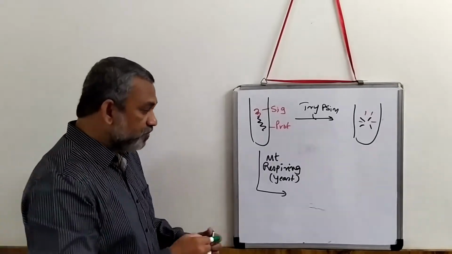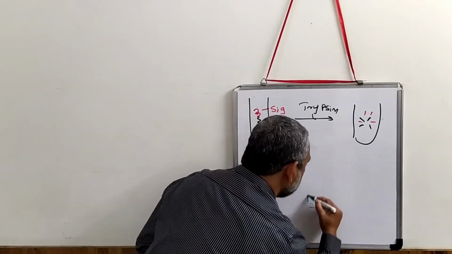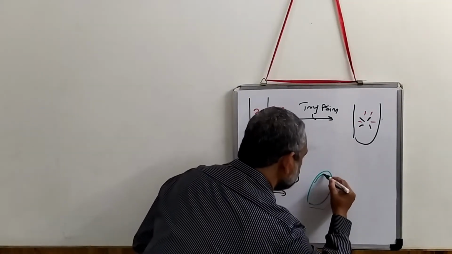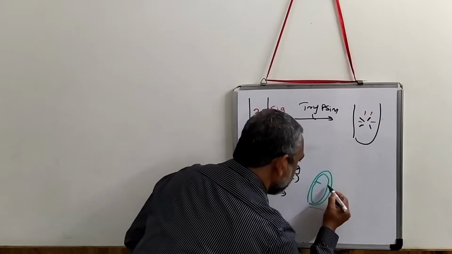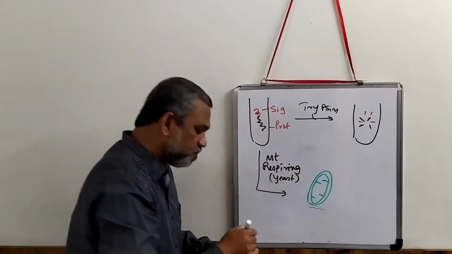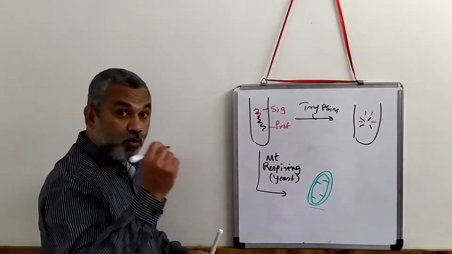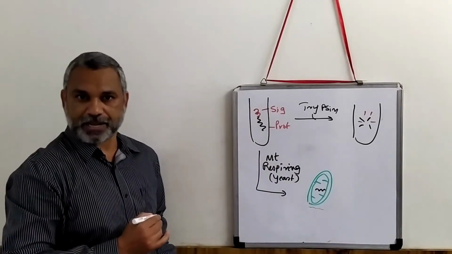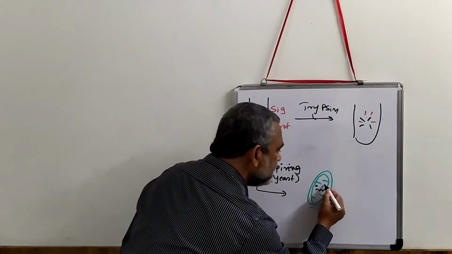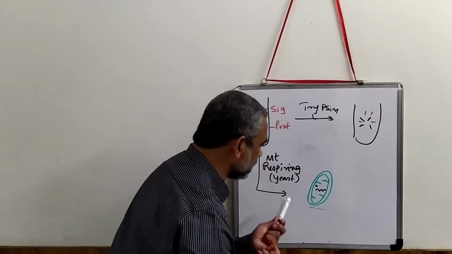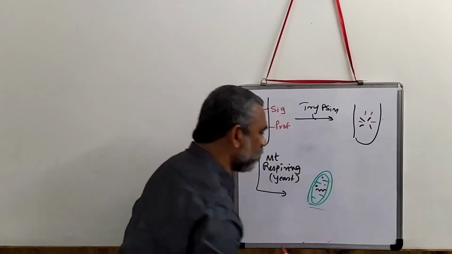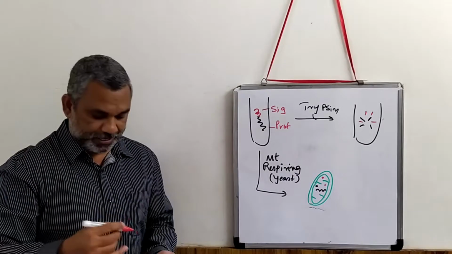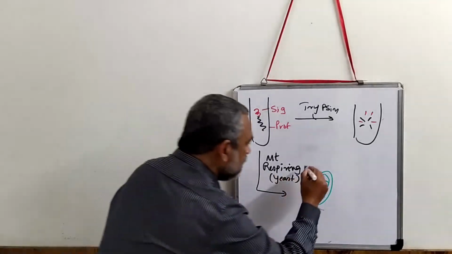So, what was observed is, assume this is the mitochondria, this is the inner membrane. They found that the protein got inside the mitochondria and the signal is also there. We'll put it in red so that there is no confusion. The protein got incorporated.